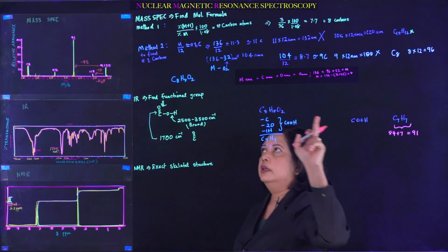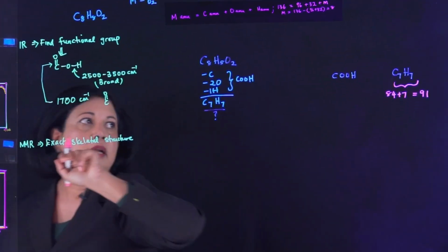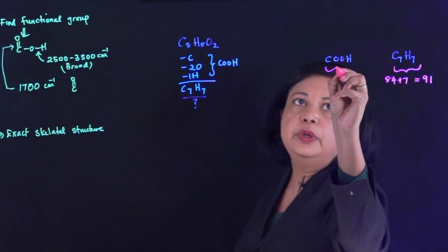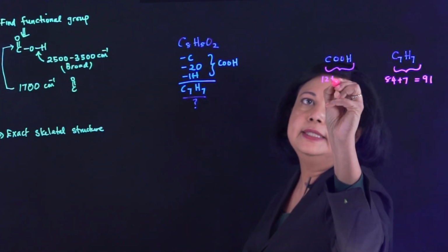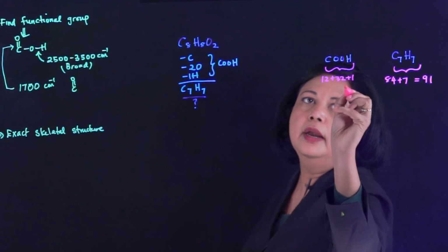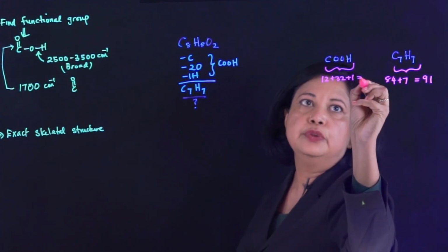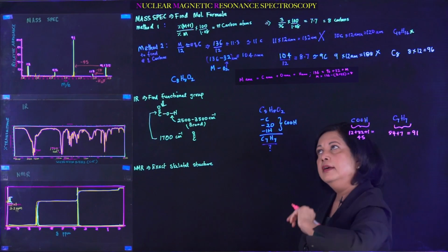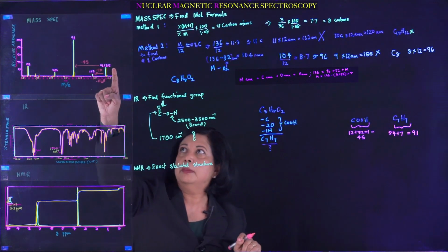So that makes good sense here. Carboxylic acid, if you add this up, 12 plus 32 plus 1, that is equal to 45. So that's probably what's getting off.